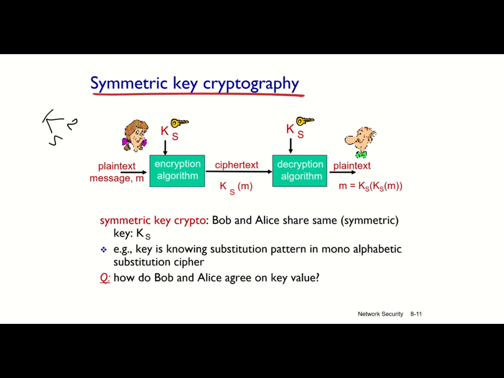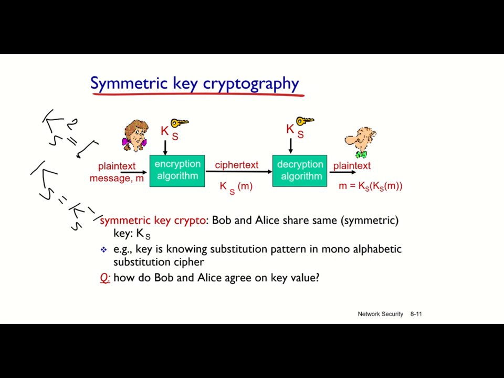There are not many functions that satisfy these conditions. So choosing a symmetric key is much harder than choosing a key for asymmetric key cryptography.